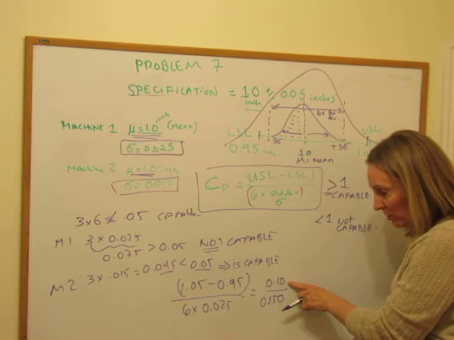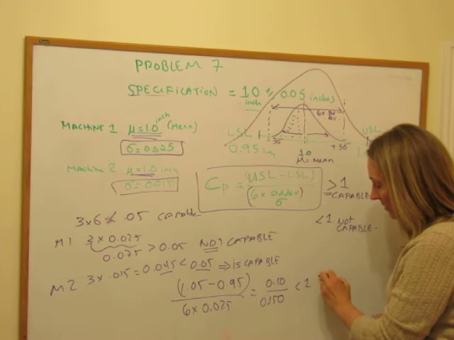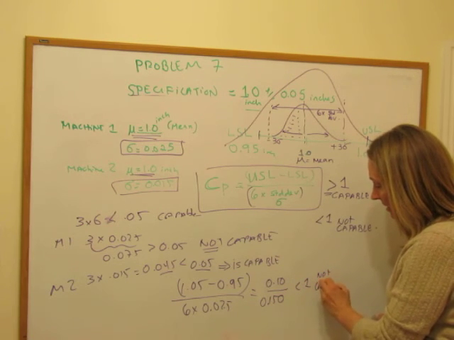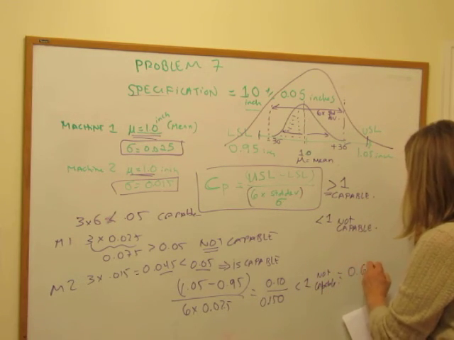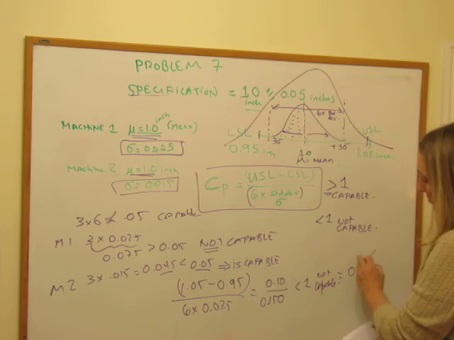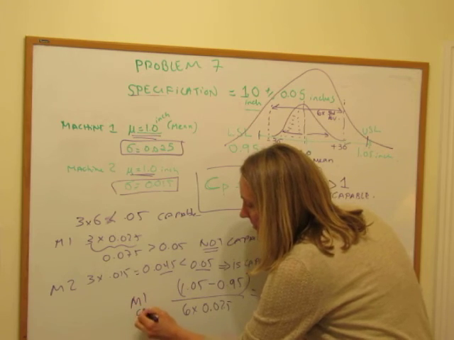So we know that 0.1 divided by 0.15 is less than 1, and therefore this is not capable. The actual number turns out to be 0.667, which is less than 1 and therefore not capable. So this is machine 1's Cp.